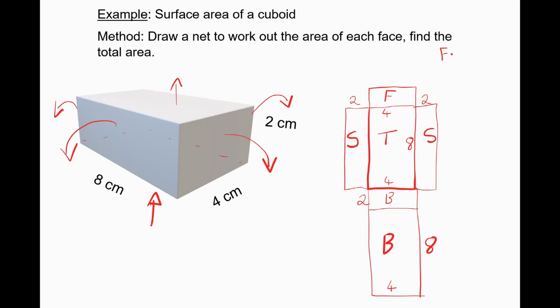The front is a 4 by 2 rectangle, so the area is going to be 4 times 2, which is 8 centimeters squared, but we'll leave the units till the end. Let's look at the back. The back is going to be identical, so that's also 8. Let's look at one of the sides. 2 by 8, which is 16. The other side is also going to be 16.